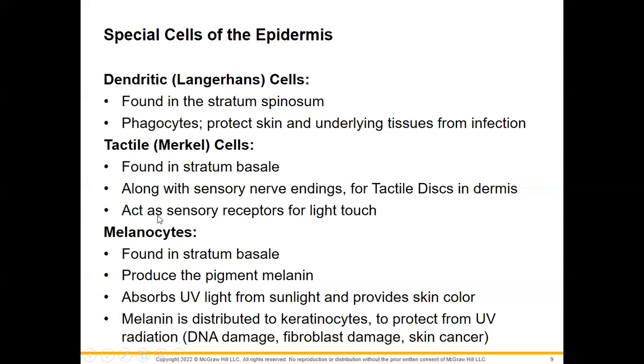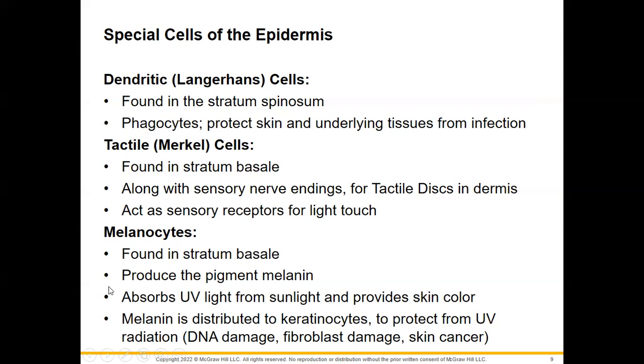Then you have melanocytes. Melanocytes, we already mentioned, are located in the stratum basale, in that basal layer of stratified squamous epithelium. Melanocytes produce pigment, and the pigment that it produces is called melanin. There are a few functions of melanin. One of them is to absorb UV light from the sunlight.